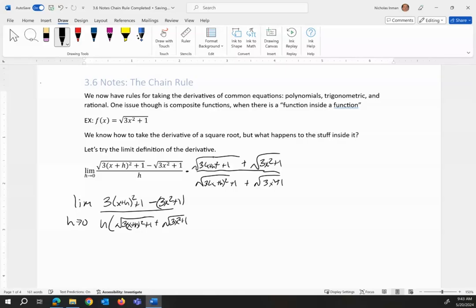Right, the top, we've got some work to do. The first thing I notice is that this plus 1 and this minus 1 will cancel, which makes it a little bit easier. But this 3 times (x plus h) squared, I have to distribute. So (x plus h) squared is x squared plus 2xh plus h squared, and we have to multiply it by 3.